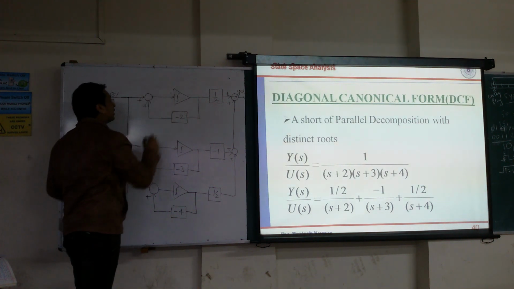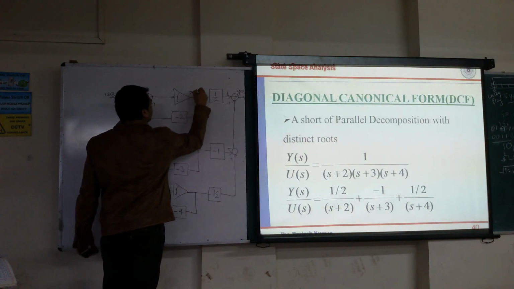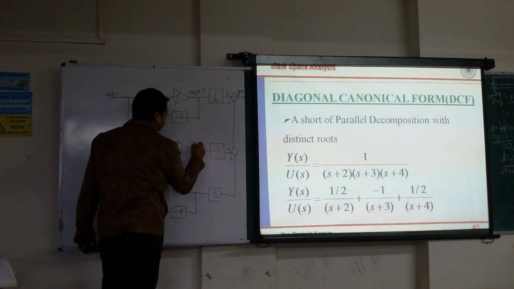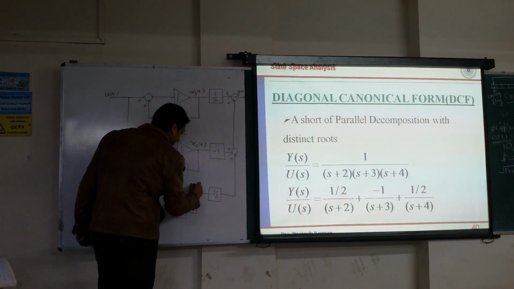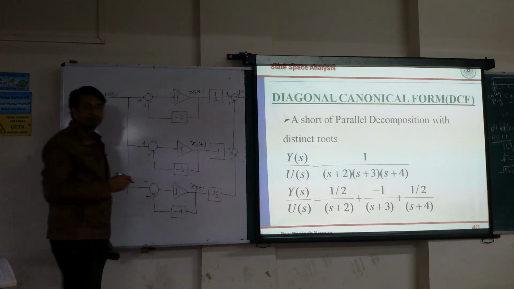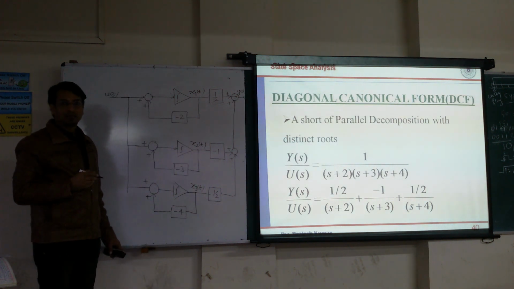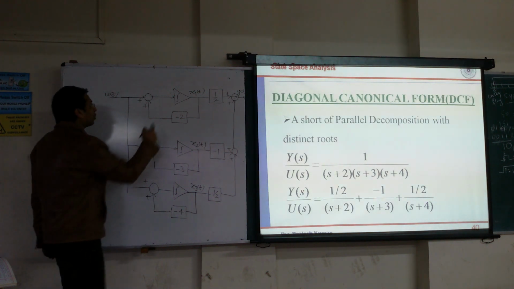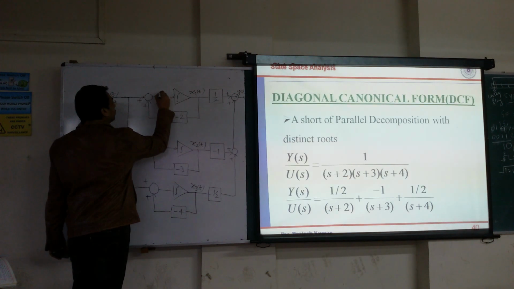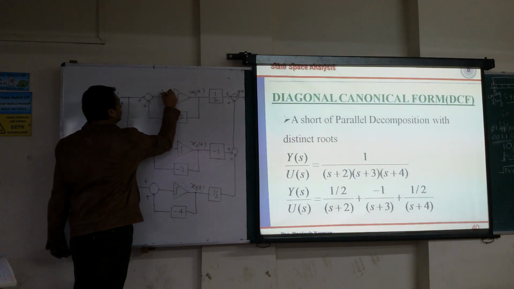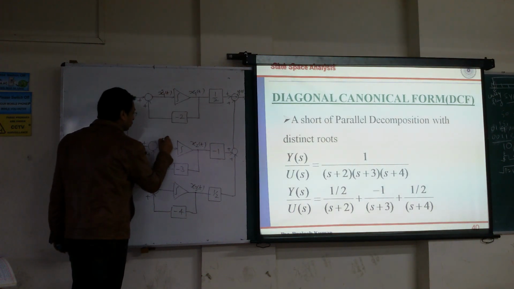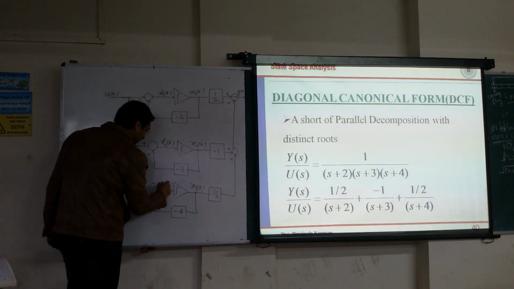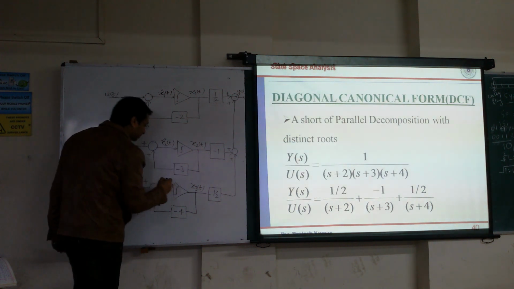So I am going to take x1(t), x2(t) and x3(t) as the three state variables associated with the synthesis of your given transfer function. Accordingly, before integration it will become x1 dot(t), x2 dot(t) and here x3 dot(t).